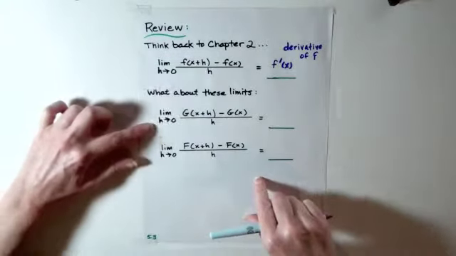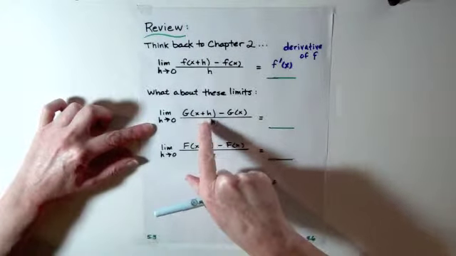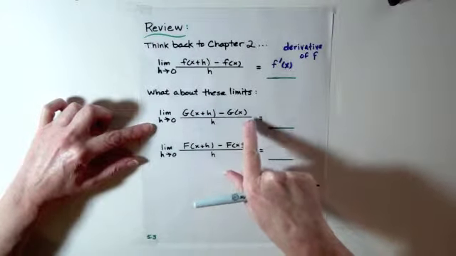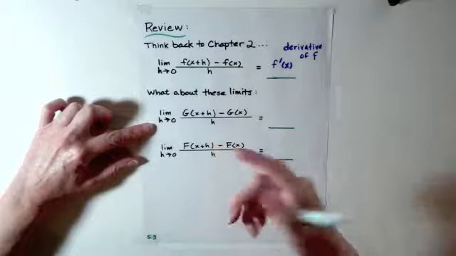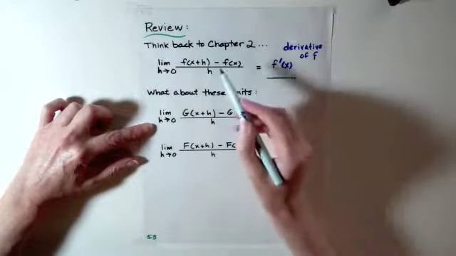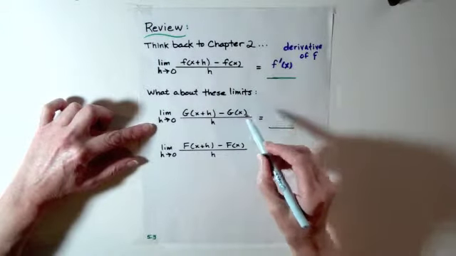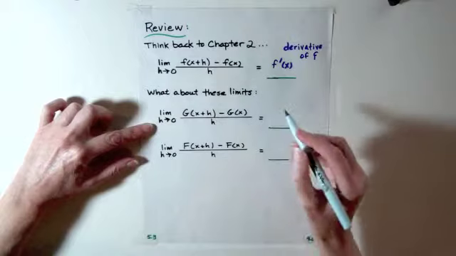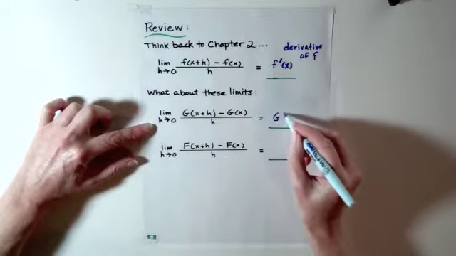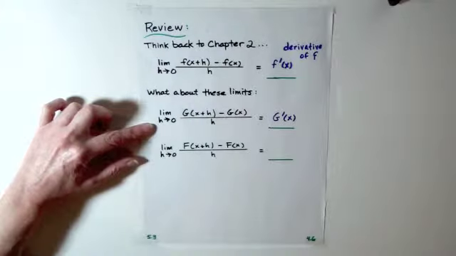What about these two limits? What if I had the limit as h goes to 0 of capital G of x plus h minus capital G of x all divided by h? Well, it's the same exact limit, except it's a different function. Instead of the function f of x, I have the function capital G of x. So the limit of this expression would be the derivative of the function capital G of x, in other words, G prime of x.